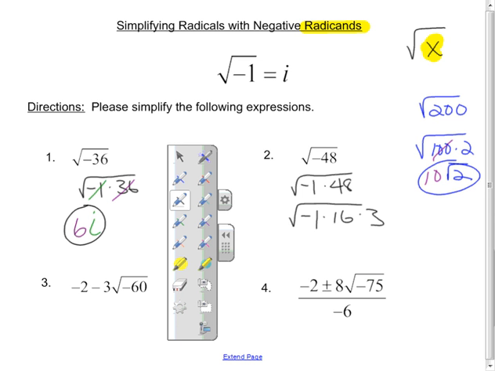Then I use my ability to square root perfect squares combined with the fact that the square root of -1 equals i. The square root of 16 is 4, the square root of -1 is i, and the square root of 3 can't be simplified, so I just write the square root of 3. The answer here is 4i root 3, or 4i times root 3. Both are legitimate ways to read it.